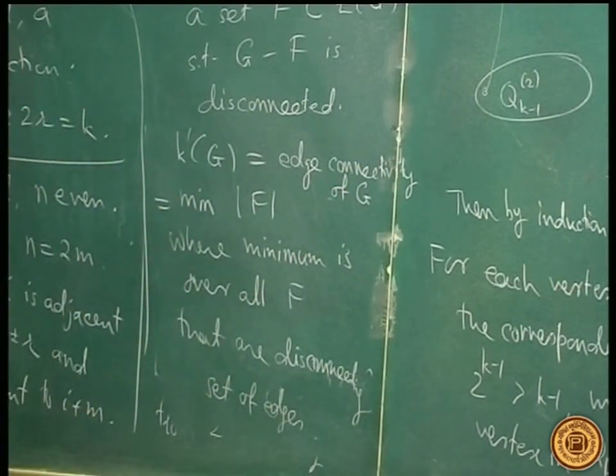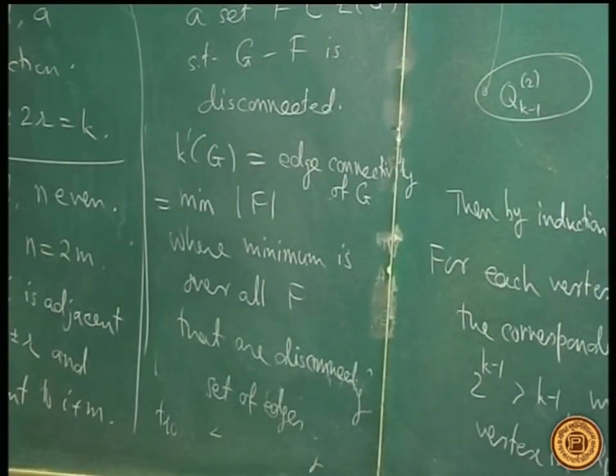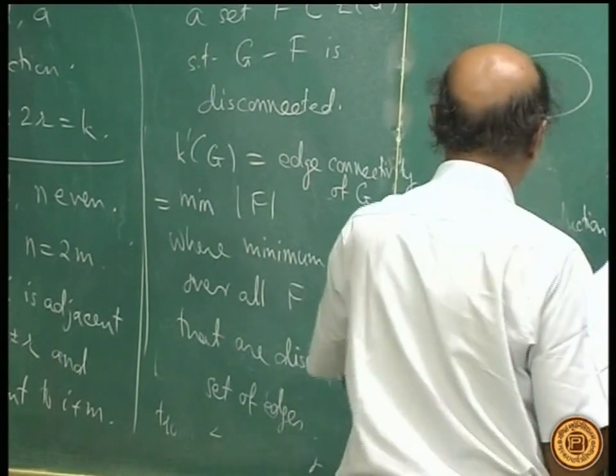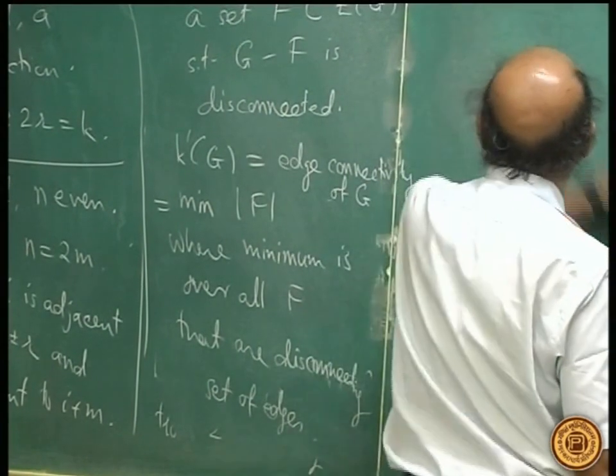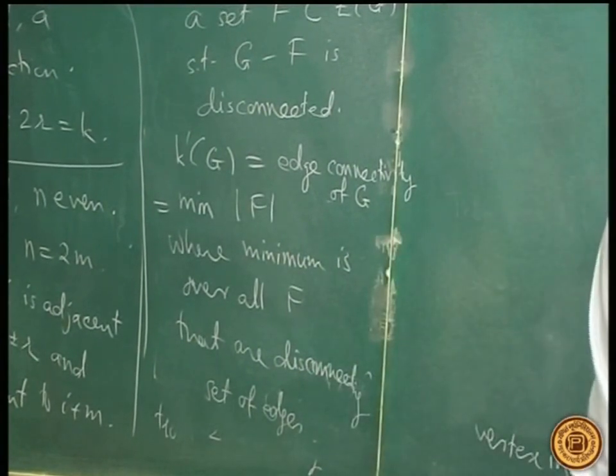So just as you have vertex connectivity, this is edge connectivity. Let's get an idea what the relationship between the vertex connectivity and edge connectivity is.